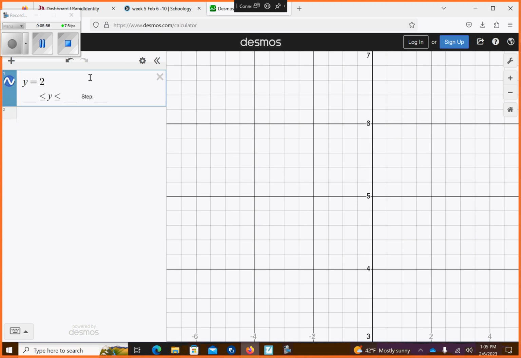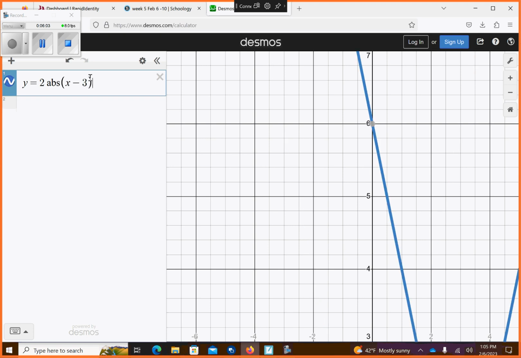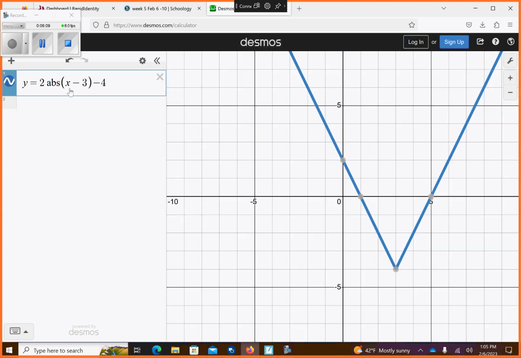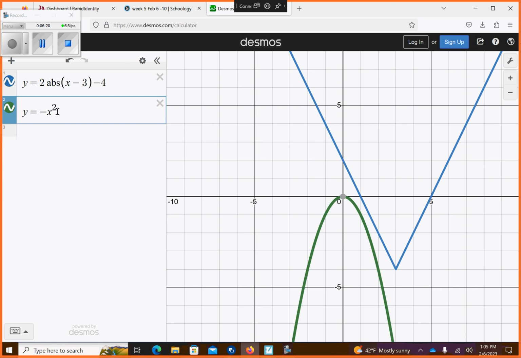So you can go 2 ABS, absolute value. Make sure you then put it in parentheses. x minus 3 minus 4. Okay, maybe put it to home. So there's that equation. So that's the left side. And then you can graph y equals negative x squared plus 3x.